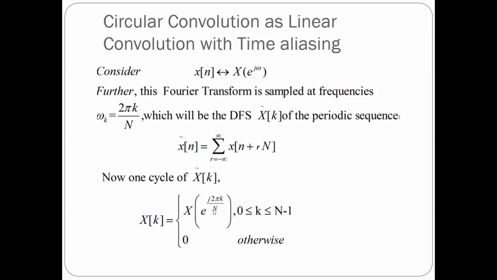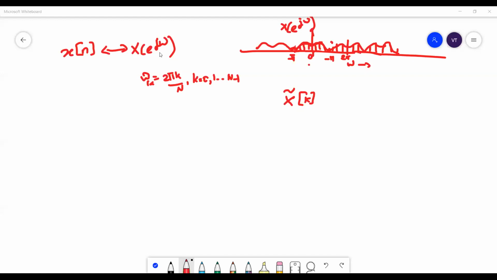Say, for example, X of n can be 100 samples, and then we will sample the spectrum such that capital N is equal to 50, for example. For example, we can have X of n having samples X of 0, X of 1, etc. up to X of 99. So there are 100 samples.